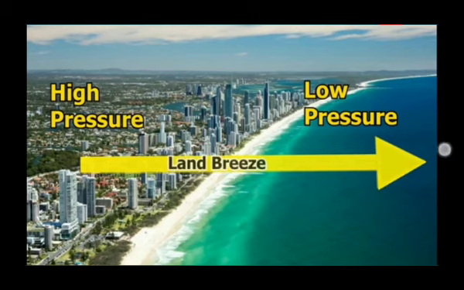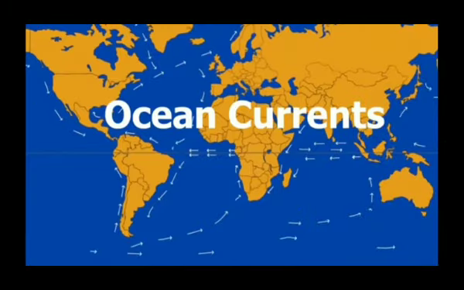Now the last factor is ocean currents. Although the ocean currents have almost negligible or no effect on the climate of India, still for your interest, these are the large masses of surface water that circulate in a regular pattern around ocean.